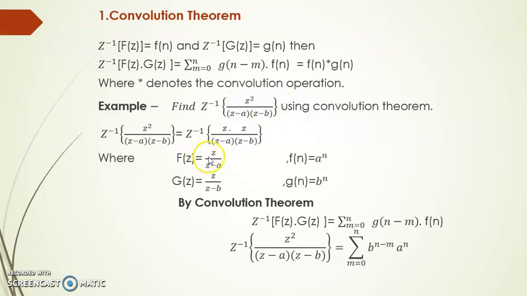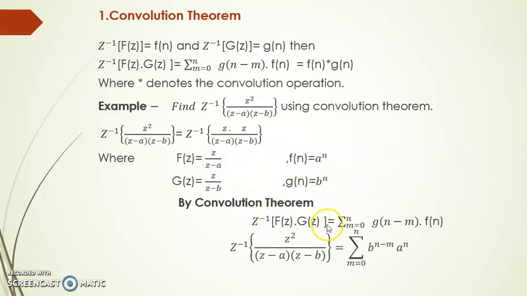Split this z square into z times z. So we get z upon z minus a, and z upon z minus b. Denote these two by f(z) and g(z). So f(z) equals z upon z minus a, that is the Z transform of a power n, and g(z) equals z upon z minus b, which is the Z transform of b power n.